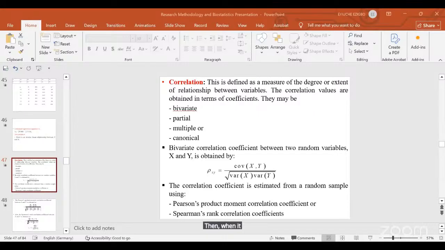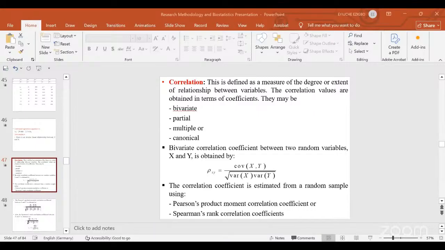Then when it is close to 0.5, one may say that there is a good positive relationship, and when it is close to -0.5, one may say there is a good negative relationship.